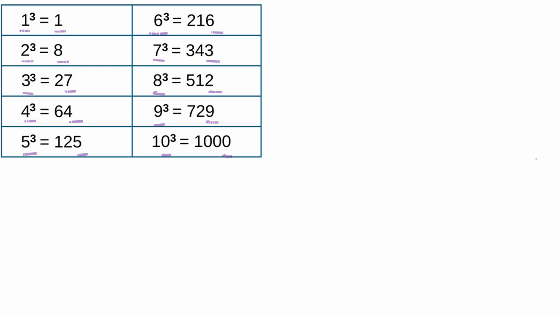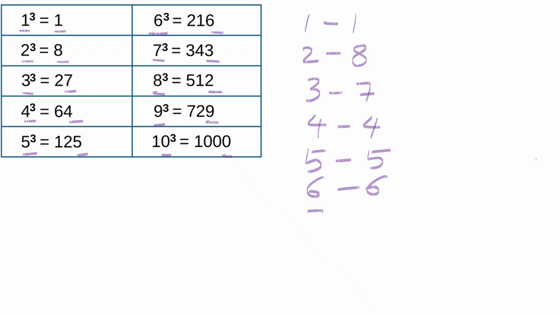Only the last digits I have underlined. Now I'll write here at one side: 1 ends with 1, 2 with 8, 3 with 7, 4 ends with 4, 5 ends with 5, 6 ends with 6, 7 with 3, 8 with 2, 9 with 9 and 0 with 0.